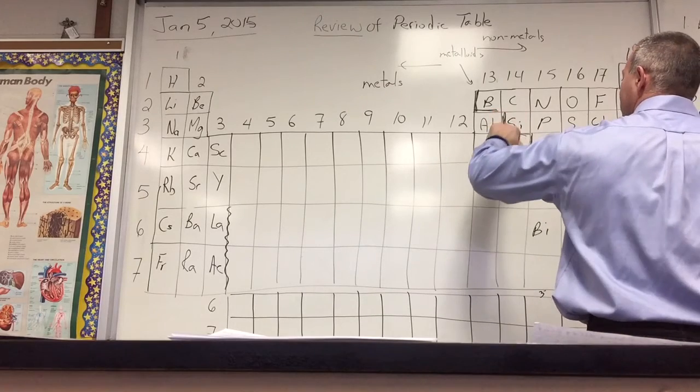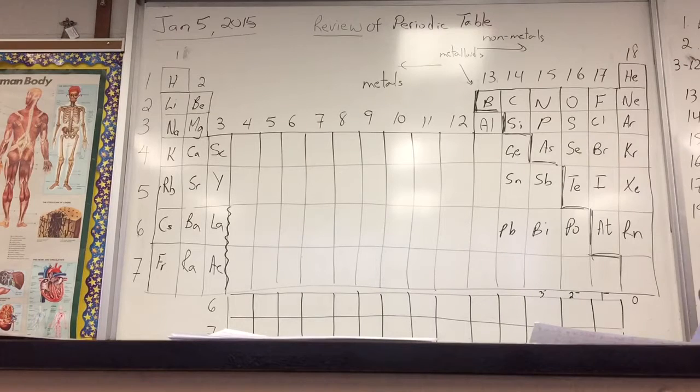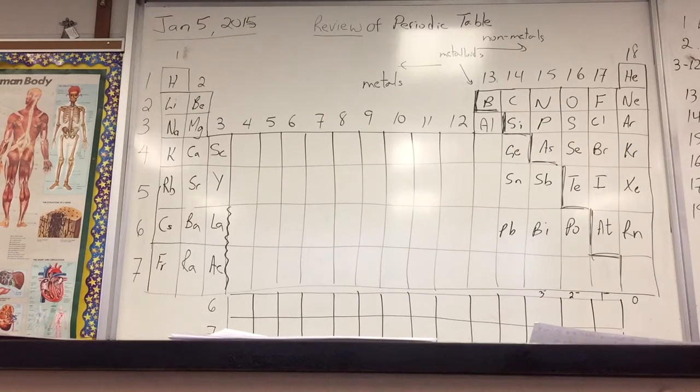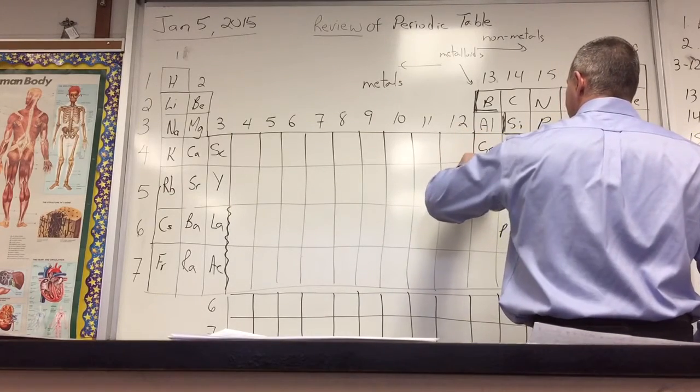Carbon, silicon, germanium, tin, lead is group 14. It also is called the carbon group. Not a very imaginative name either. Same with the boron group. They just named it after the top element. And for the boron group, it's B, Al, Ga, In, Tl.